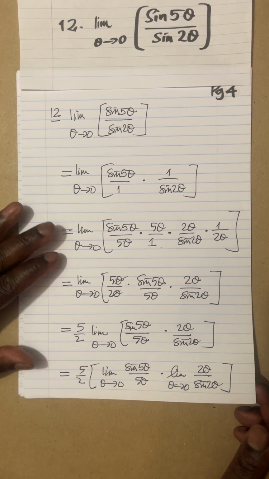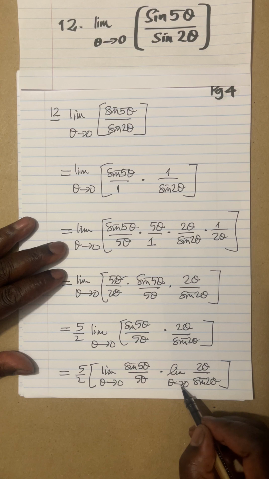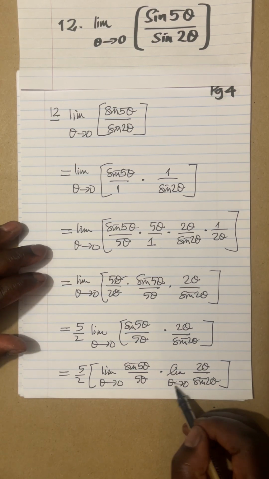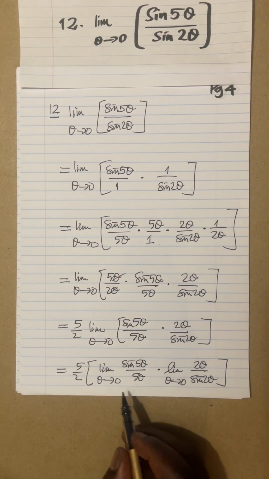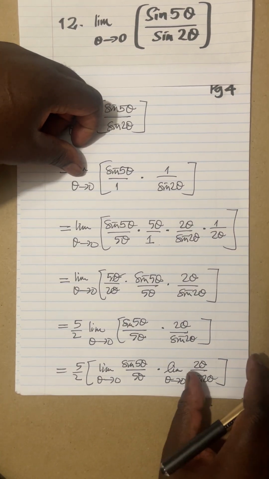Now, remember I told you, as theta approaches 0, 5 theta should also approach 0, or 2 theta should also approach 0. In this case, it will be 5 theta approaching 0. Here it will be 2 theta approaching 0.